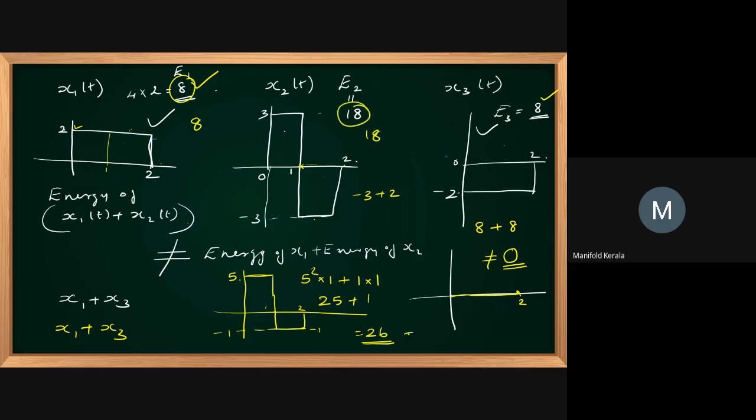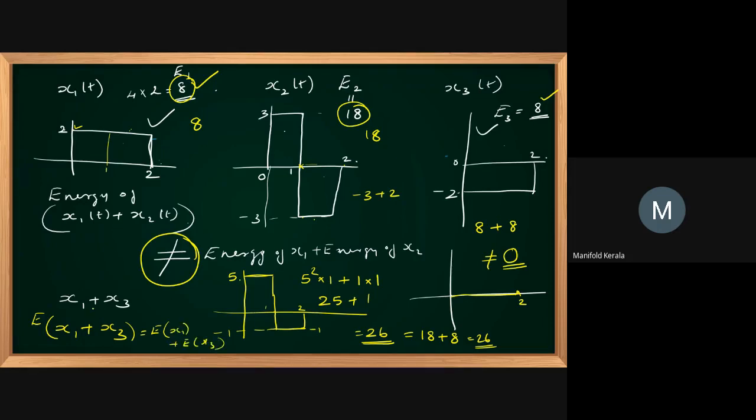Now you can say 26 is actually equal to 18 plus 8, right? 18 plus 8 is equal to 26, which means the not-equal-to is not applicable here. If I am considering H1 plus H2, energy of H1 plus H2 is equal to energy of H1 plus energy of H2.